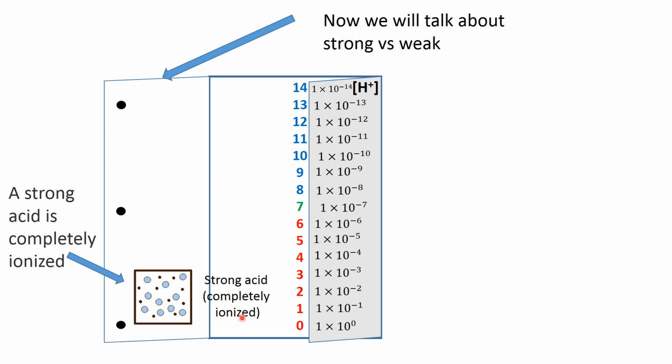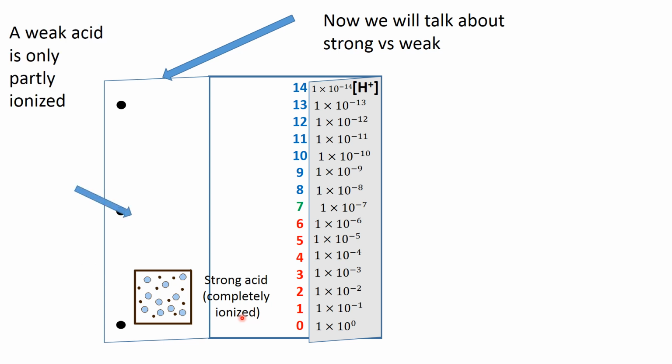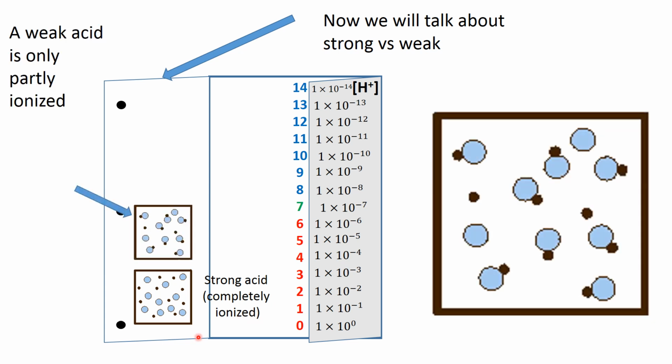The next picture up, which will go up to about the halfway point, will be a weak acid. It's only partly ionized in this case. So I have the same 10 circles here, but you can see that 8 of them are still held together. They have not ionized.